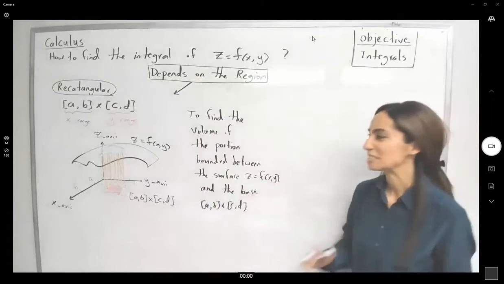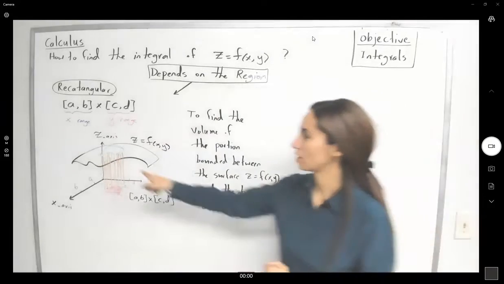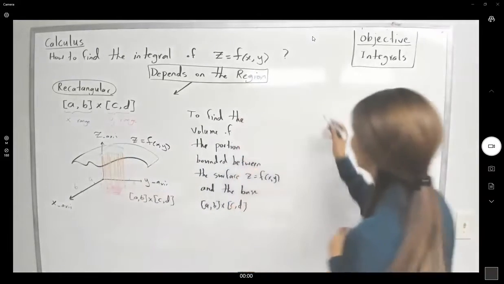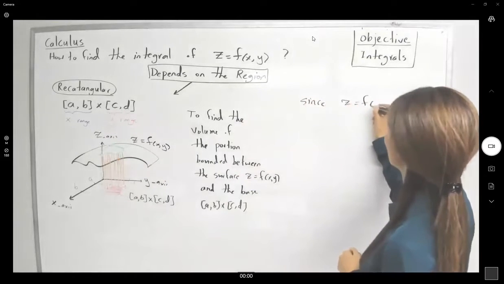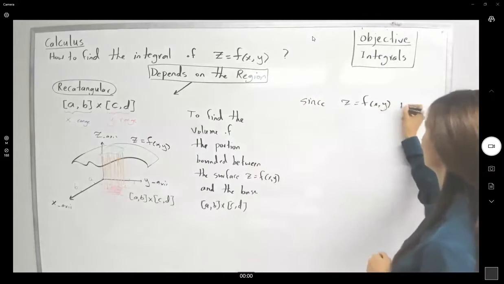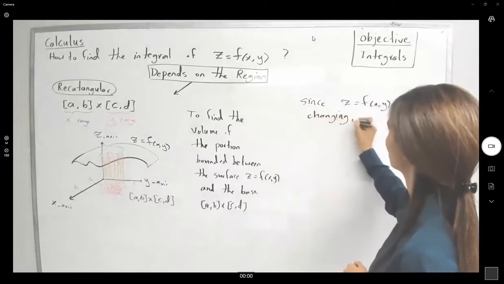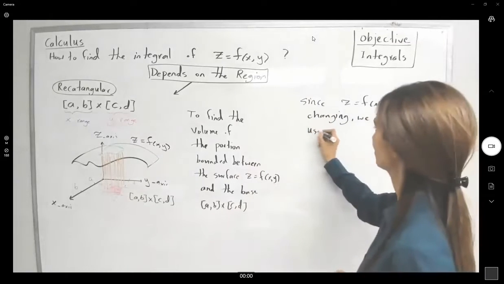Again, this is not a flat surface. It is changing. Based on the value of z, you get different heights. Since z equals f of x and y is changing, we have to use the integral.